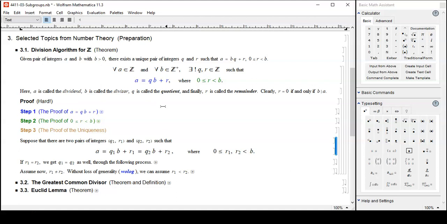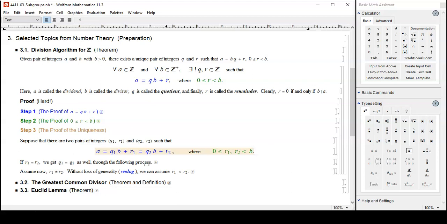In other words, they both satisfy blue, and they both satisfy green. A equals Q1B plus R1 works for Q1, R1, and A equals Q2B plus R2 works for Q2, R2 as well. And then both remainders are greater than or equal to 0 and less than B, both blue and green. Now let's make this observation.